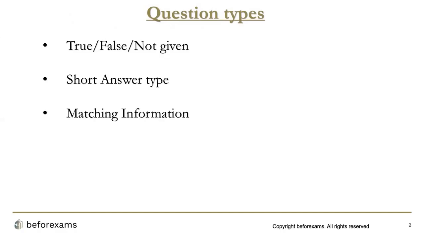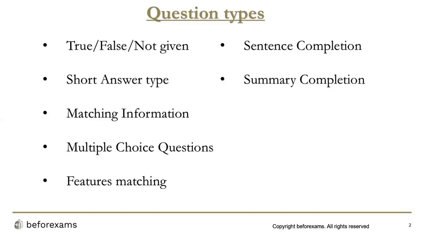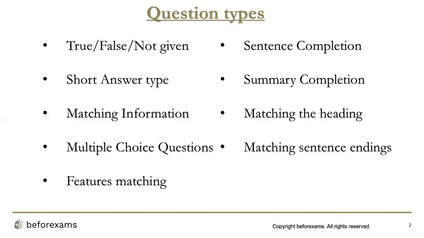Then we have matching information questions, then multiple choice questions, then features matching questions, then sentence completion, next is summary completion. After that, we have the match the heading question, then matching sentence endings, and then diagram labeling. So we'll be doing these one by one.